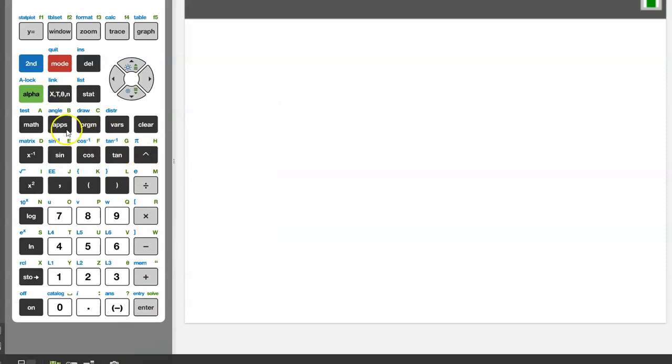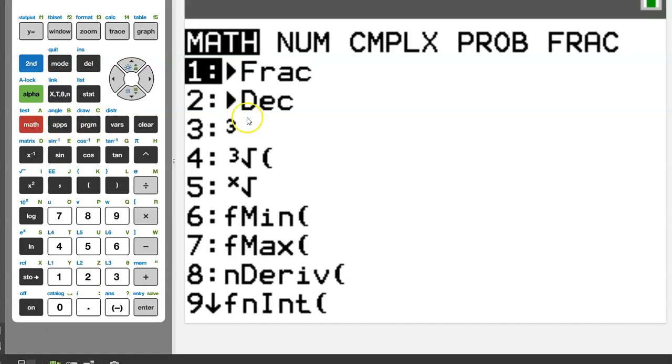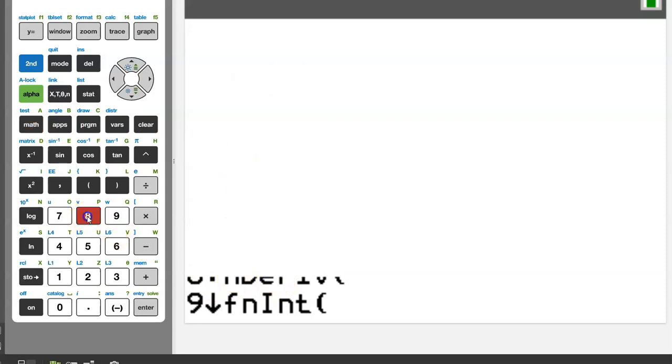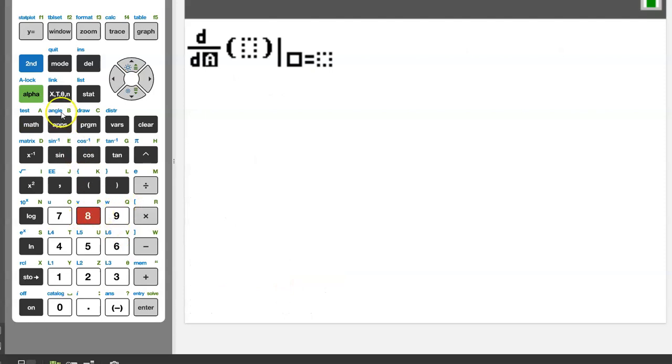If you want to evaluate the derivative of a function, you can use the math functions, and function number 8 is the derivative. So I'm just going to press 8. I'm going to differentiate with respect to x because that is my variable. Now I want to use the function that I typed into y2. Here's how you get y2 without having to type the whole function in.